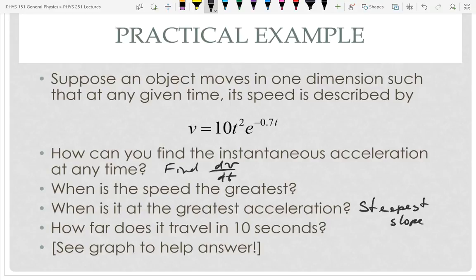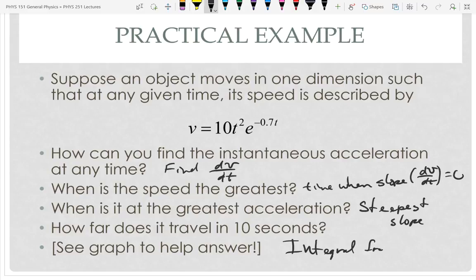Oh, and for the minima and maxima, the slope is equal to zero, right? That is right. Okay, so Alex got that answer, and Gila said take the integral from 0 to 10 seconds. So we have our methods.